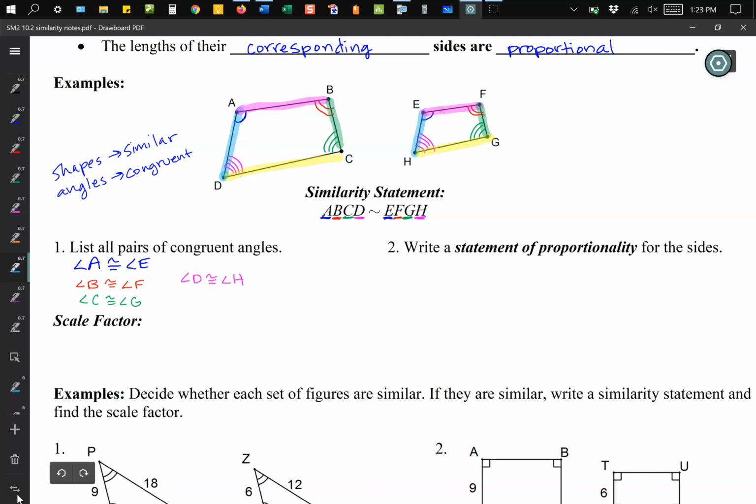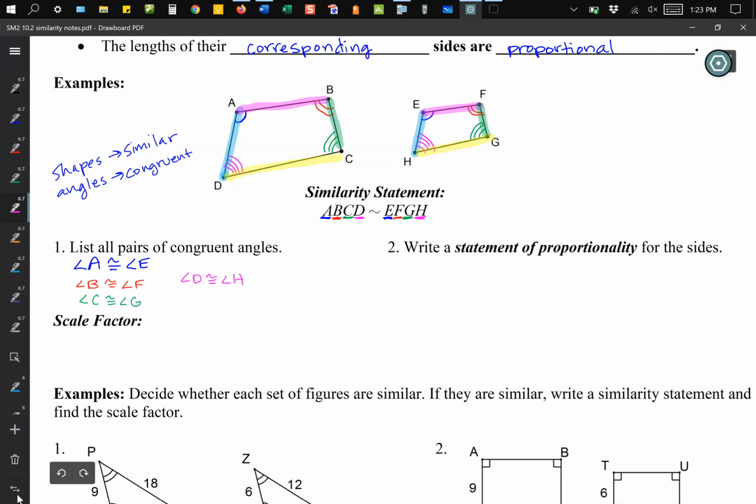And what we're going to do is we're going to say that if we take this side, AB, and divide it by its matching side, we'll get the same thing we would get if we divided the green side by the green side, and that will be the same as yellow side divided by yellow side, and that will be the same as blue side divided by blue side.